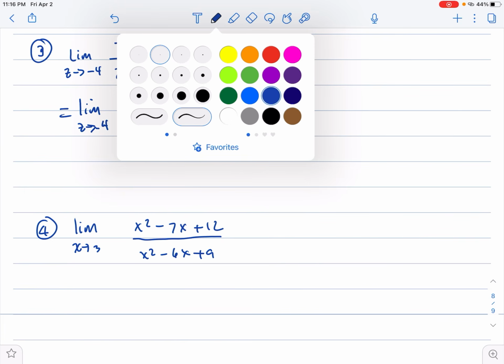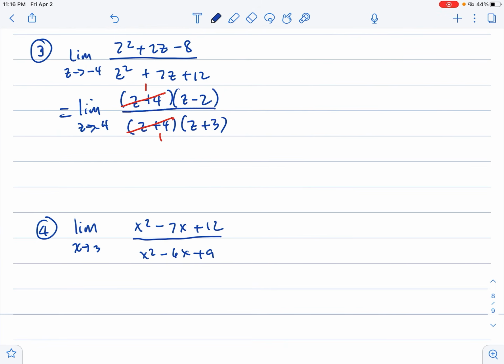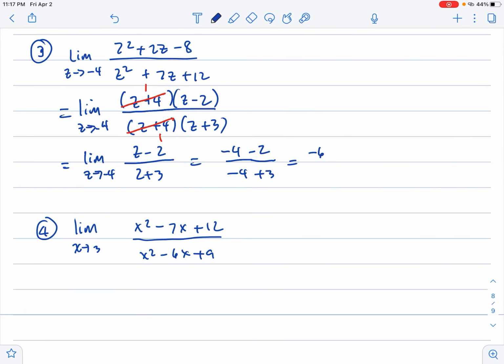We can cancel z plus 4, and we are left with the limit as z approaches negative 4 of z minus 2 all over z plus 3. This is already a rational function, which means that we can substitute negative 4 minus 2 over negative 4 plus 3. So this is equal to negative 6 divided by negative 1, which is equal to 6.